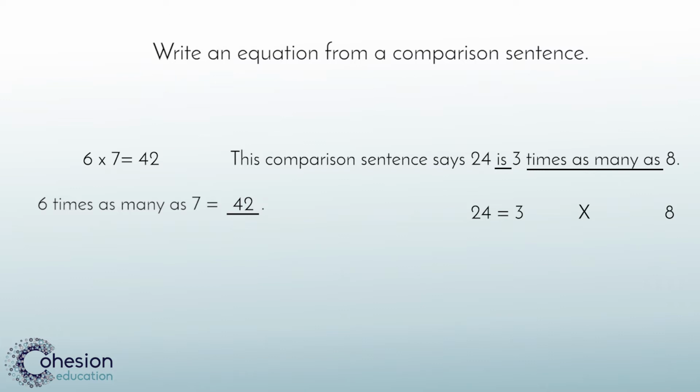Let's give it a try. Bring 24 down, write an equal symbol for the is, bring the 3 down, replace times as many as with a multiplication symbol, and then bring the 8 down. So this comparison sentence can be written as the equation 24 equals 3 times 8.